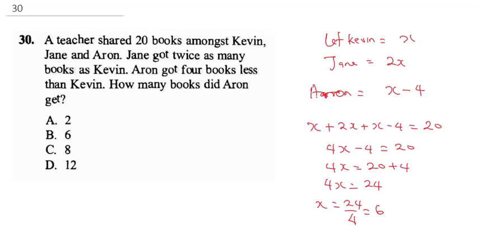Now, having gotten our 6, Aaron is x minus 4, and that will give us 6 minus 4, which is 2. So Aaron got 2. So the correct answer here is A. So I'll tick my A.